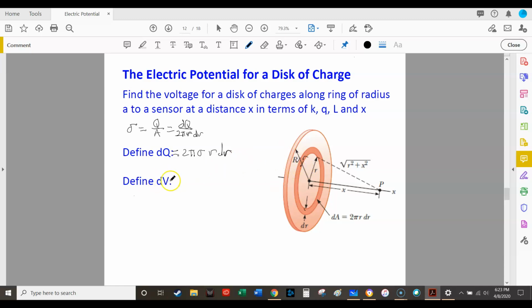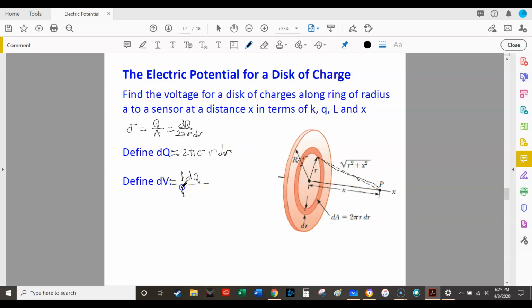Well, let's go ahead and evaluate what dV is. dV is going to be equal to k dq over this distance from this point to here, which is the straight line distance.